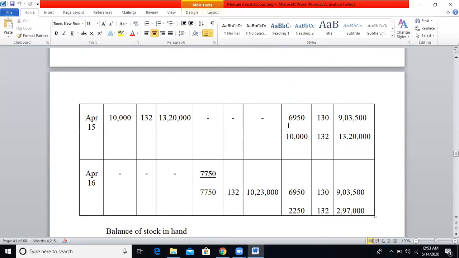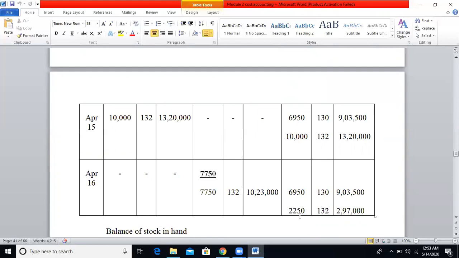Now, see the balance column. Still we are having 6,950 units. We have not issued them. So still we are having that balance 6,950 units at the rate of 130. So total value will be 9,03,500. And out of 10,000, we have issued 7,750. The remaining quantity will be 2,250 at the rate of 132.